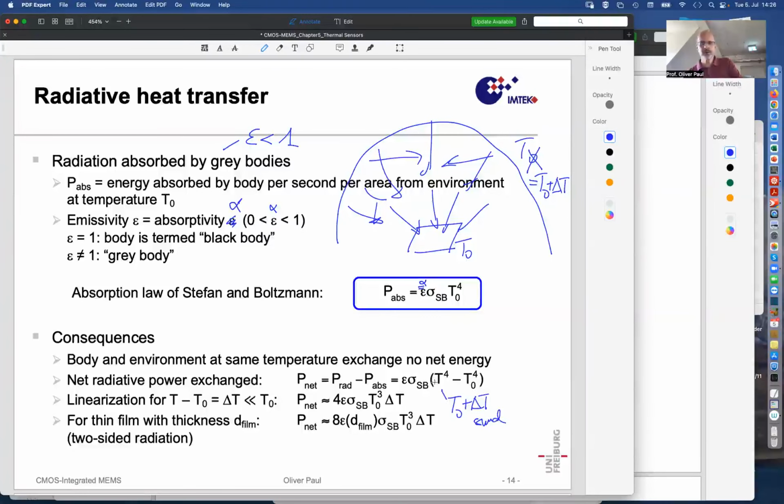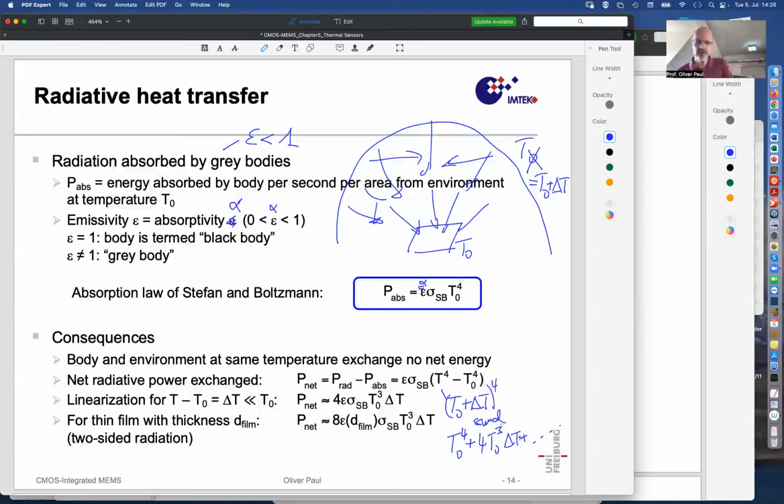then we can expand this T to the 4th into T0 to the 4th power plus 4 times T0 to the 3rd power times delta T plus some other terms that are small to the square, small to the cube and small to the 4th power. That's just the expansion of this term to the fourth power.